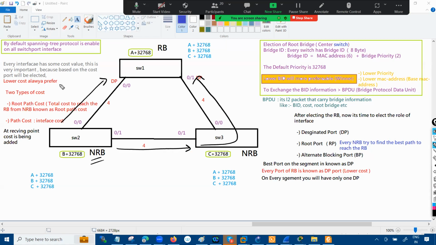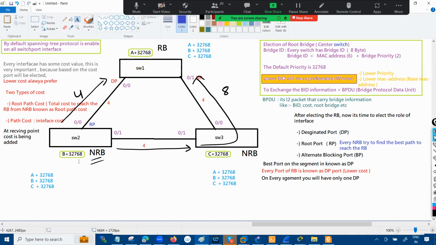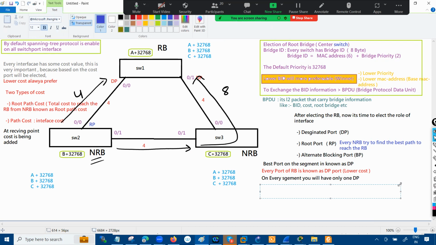Which path is the lower one? If I go through this one, the cost will be 4. If I go through this one, the cost will be 8, 4 plus 4. Which one is lower? 4. So automatically this interface will become the RP port. On every non-root bridge, you will only have one RP.